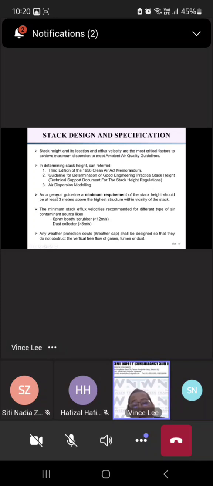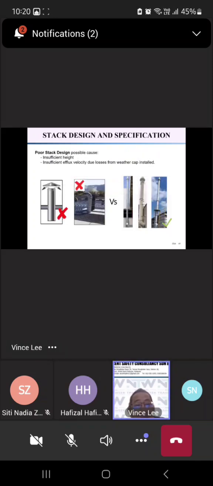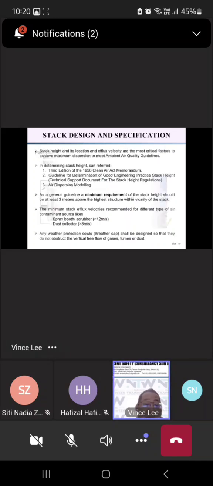Okay, DOE requires a minimum stack height of 3 meters above the highest structure within the vicinity of the stack. And you should have an efflux velocity, a discharge velocity. Efflux velocity is discharge velocity of the stack of between 8 to 10 meters per second, right? 1,005 to 2,000 feet per minute.